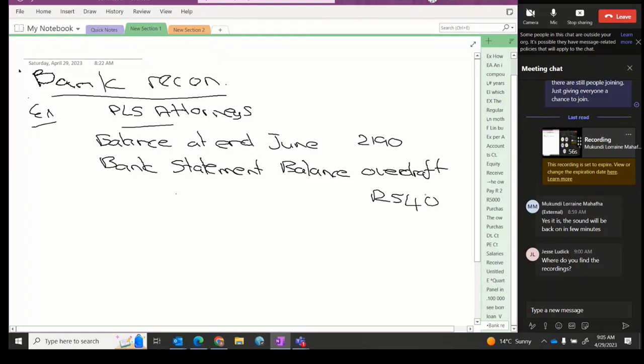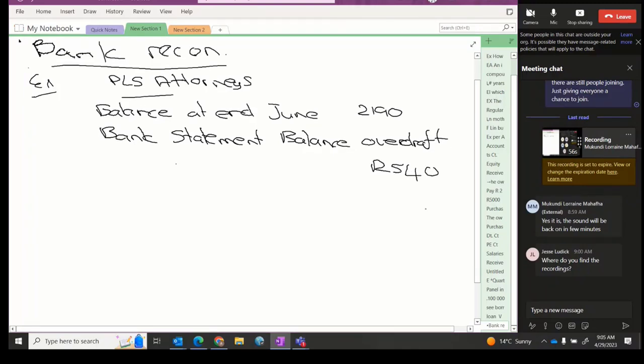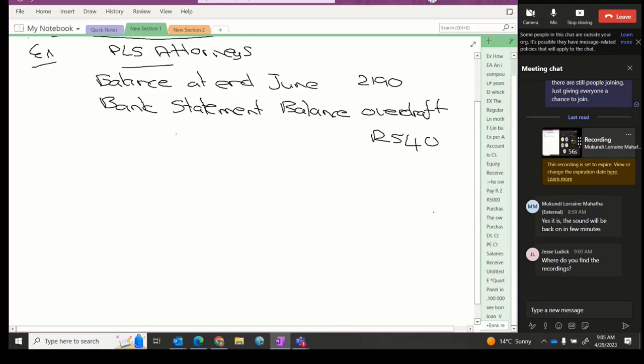Okay, so to do bank recons, it's actually like last time when I did the bank. You only have to do 2 things to balance or get the same amount. Obviously you can see here the balance in the books is 2190, but the bank gives you a different balance.